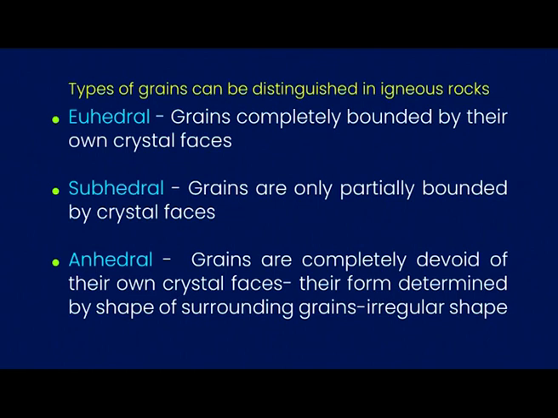Based on the development of crystal phases, 3 types of grains can be seen in an igneous rock. These 3 types of grains are called euhedral, subhedral and anhedral grains. Euhedral grain means the grains are completely bounded by their own crystal phases.